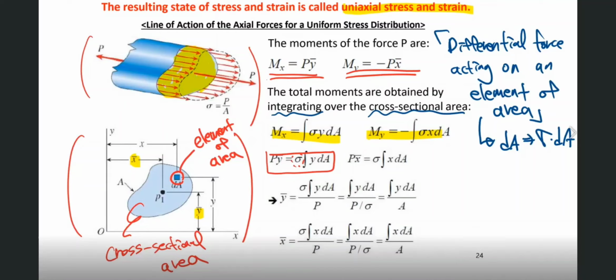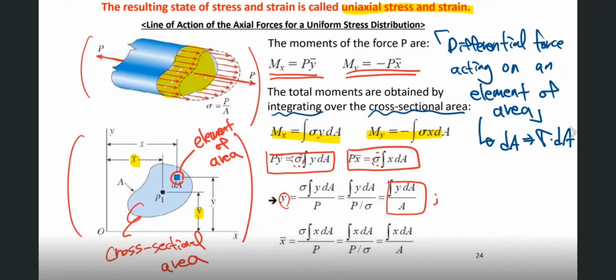So we can put the sigma in front of the integration symbol, same as this, right? P x bar is sigma integration x dA. And then using this specific condition, we can define that by dividing it, y bar can eventually be identified as integration y dA over A.